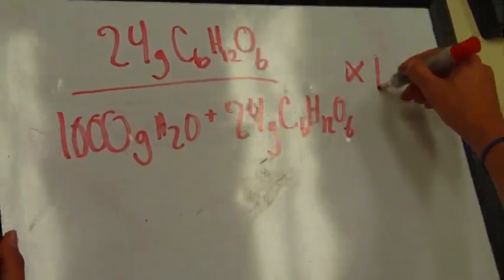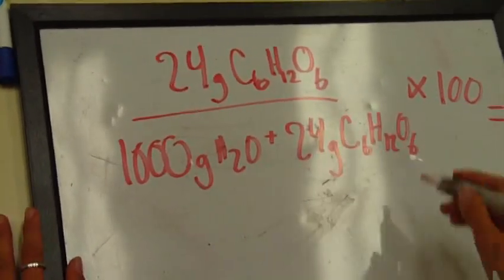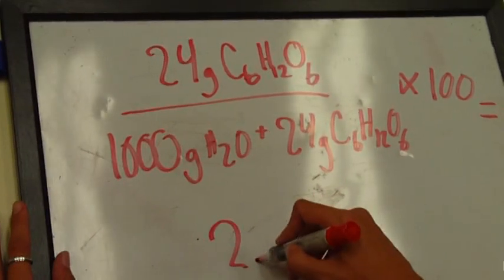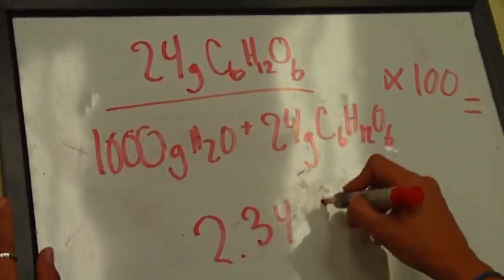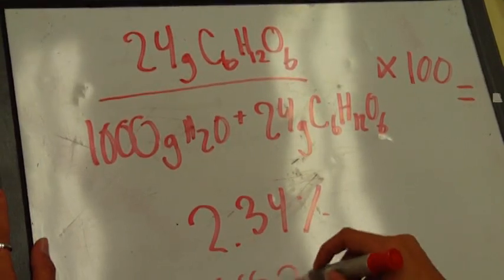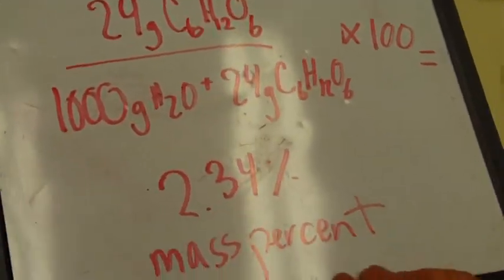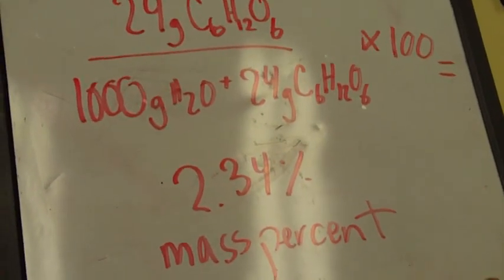And we're going to times that by 100 to get a percentage. So after we do all of that, we end up with 2.34% for the mass percent. And that is the end of that problem.